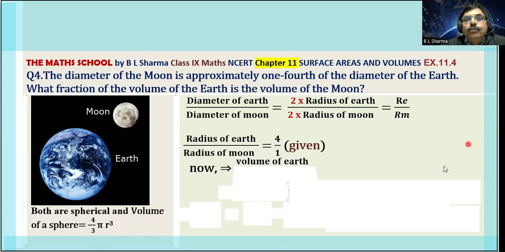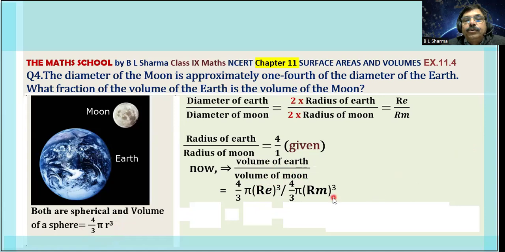So volume of earth to volume of moon is 4/3 pi radius of earth cubed, because for the earth we need radius of earth and for the moon we need radius of moon, divided by 4/3 pi into radius of moon power 3.